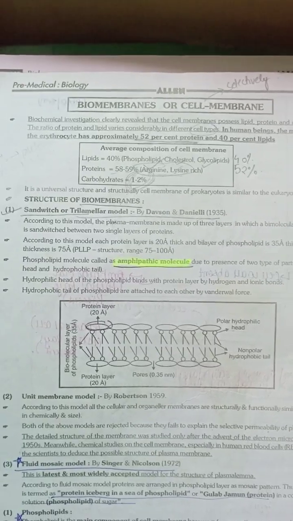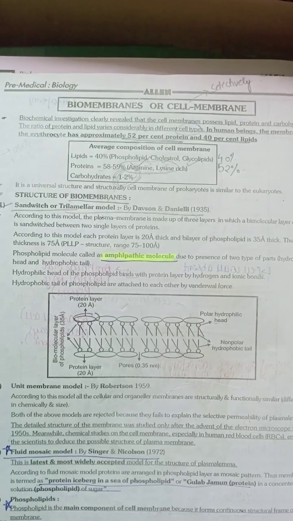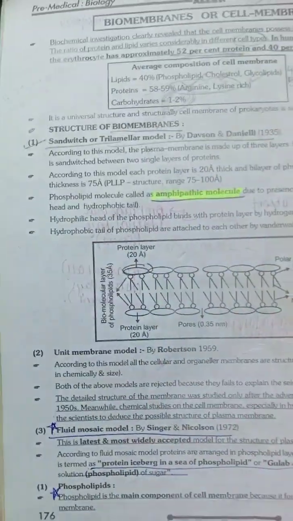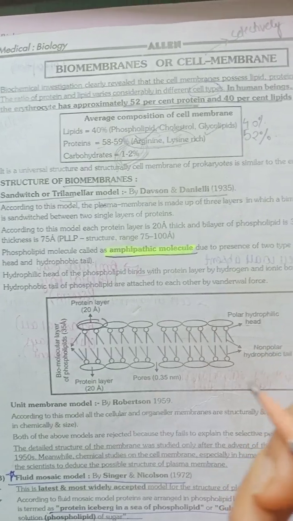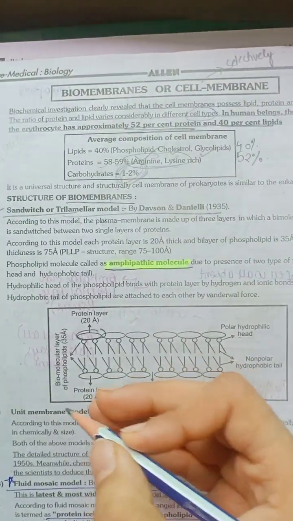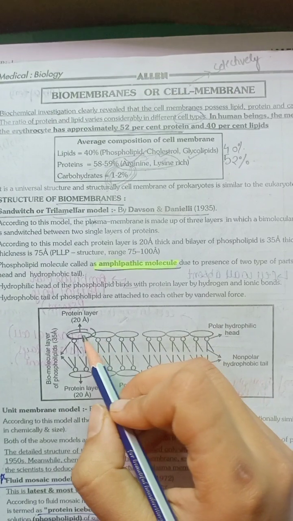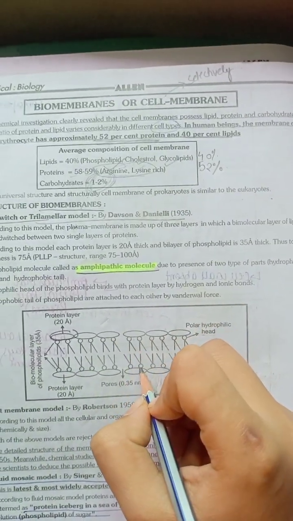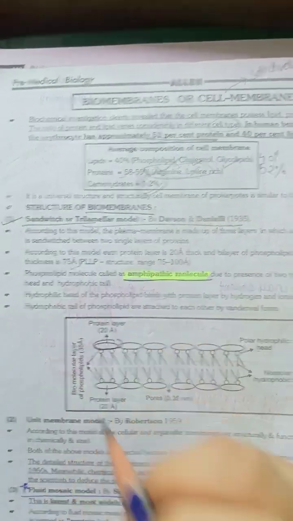The phospholipid molecule is also called an amphipathic molecule because it has two types of parts: a hydrophilic head and a hydrophobic tail. So this is the model given by Davson and Danielli, and according to it, the plasma membrane is made up of three layers, in which there is a layer of lipid sandwiched between two single layers of proteins. We have a single layer of protein on each outer side, and two layers of phospholipids in the middle, and the total thickness is 75 angstrom.